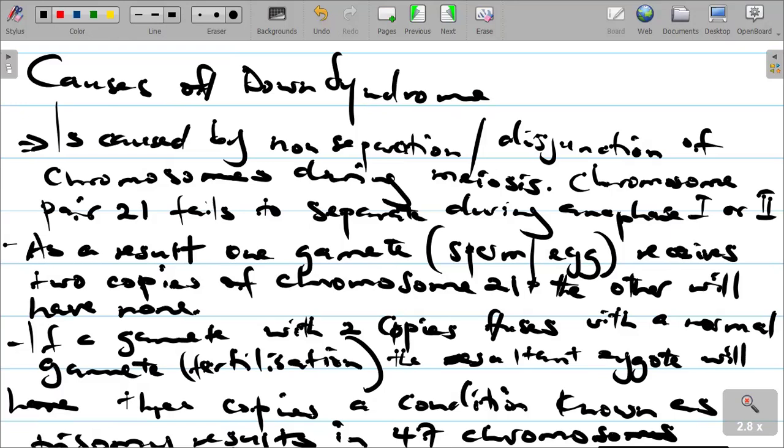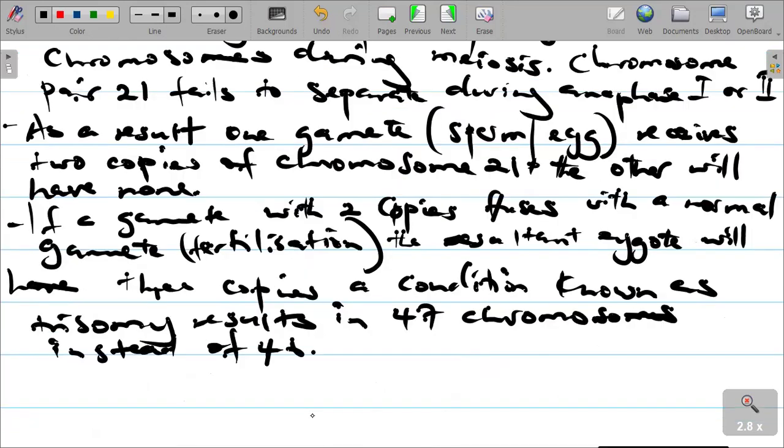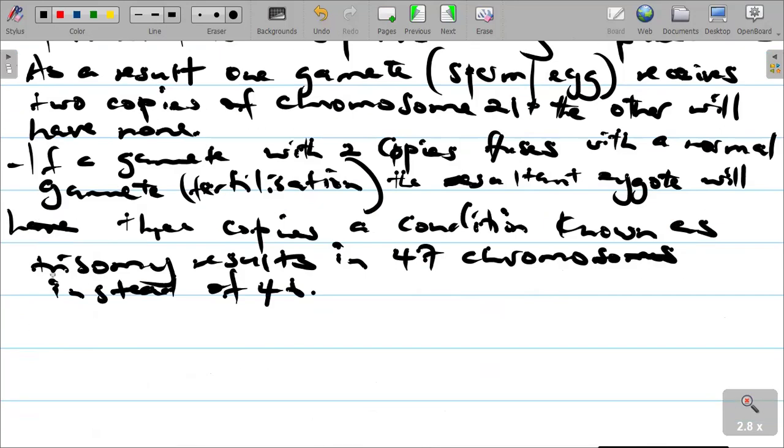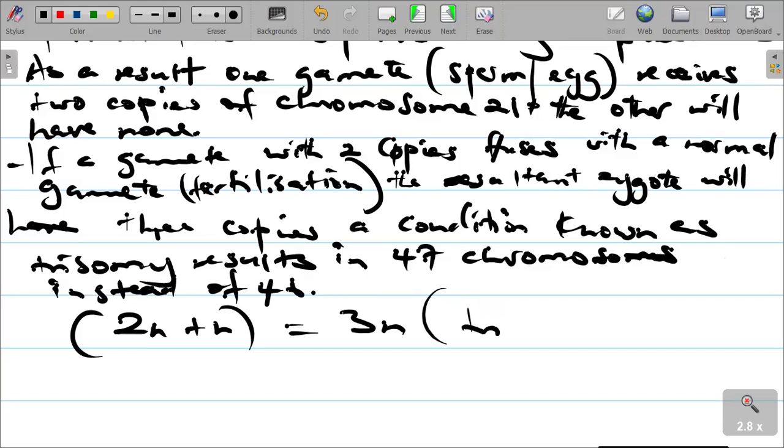So during meiosis, chromosomes may fail to separate, and we get a gamete formed with 2N. If it fuses with an N gamete, it results in 3N. That 3N is what we call the trisomy condition.